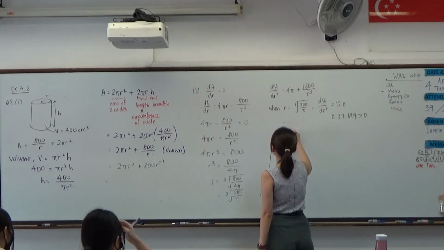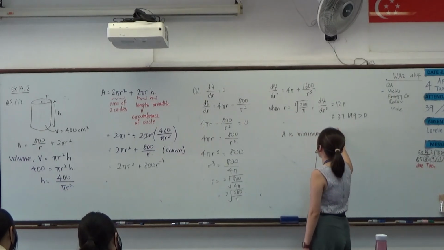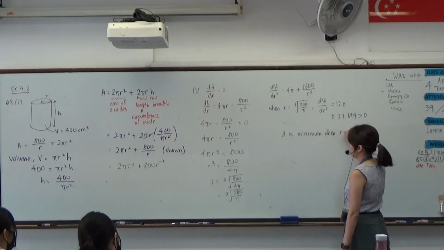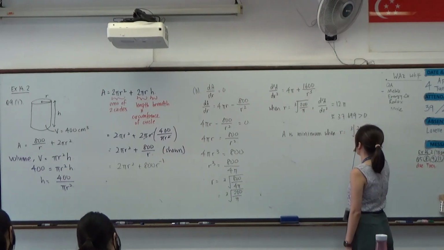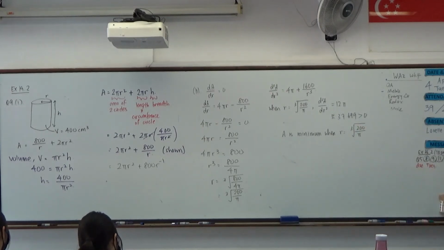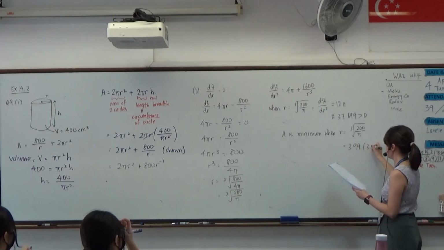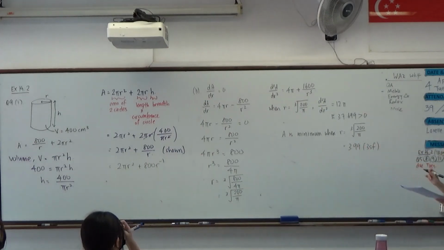Therefore, your A is minimum when R equals the cube root of 200 over pi. You may leave it in 3SF. That will be fine.